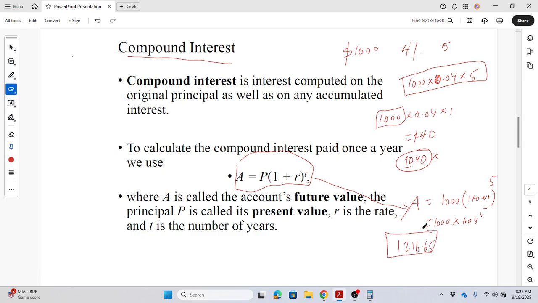This is the amount you are going to get after 5 years using the compound interest formula. A is the future value, P is the principal, R is the interest rate, and T is the number of years. The notations are very similar to the previous section.